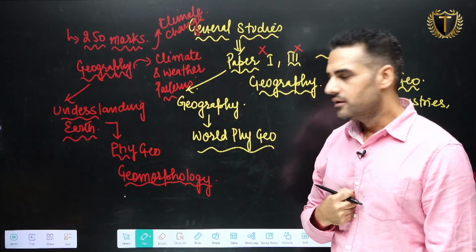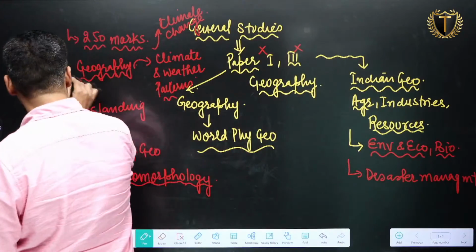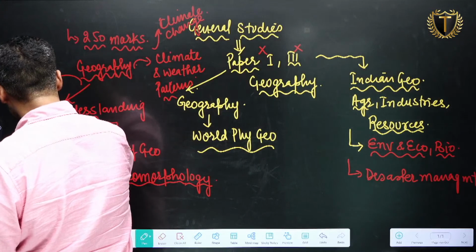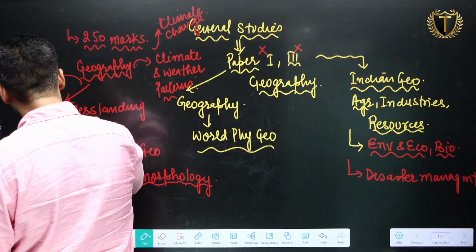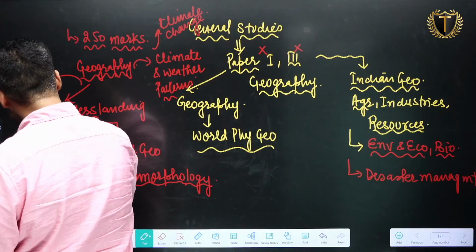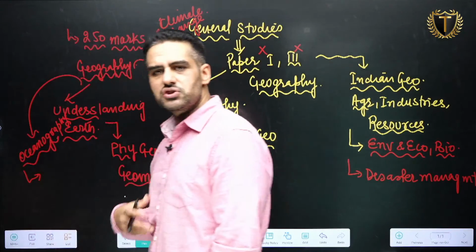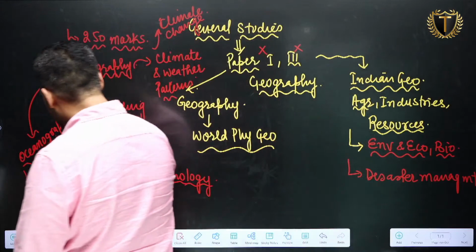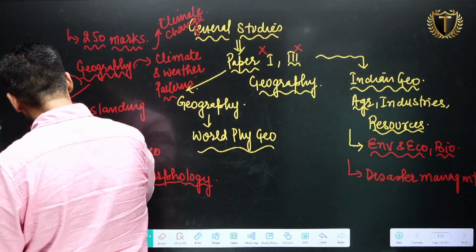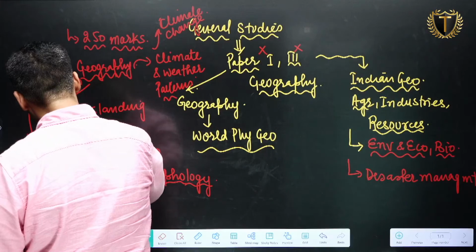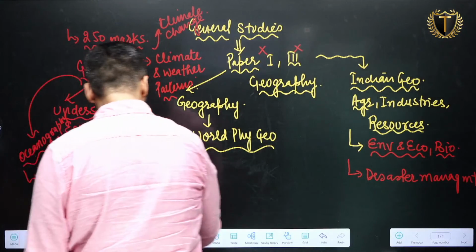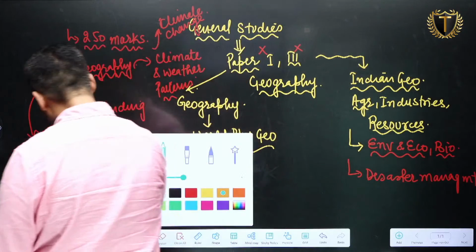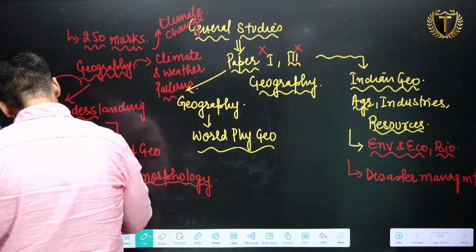After that, you have another component which is oceanography. Here we will discuss the physical features of the ocean like temperature, salinity, density, and along with that, the bottom relief of the oceans.